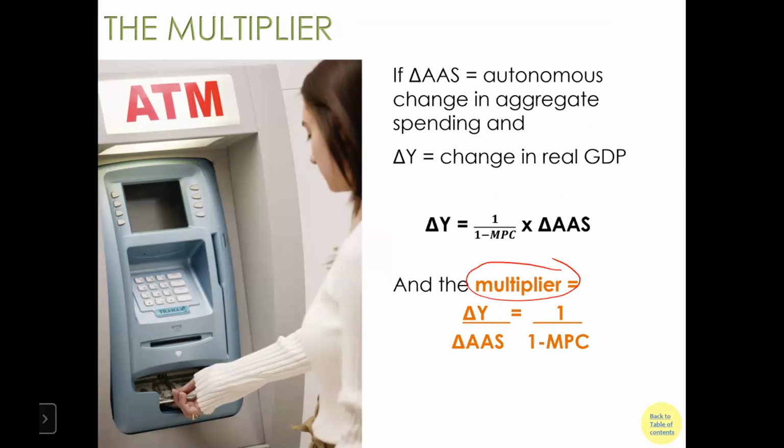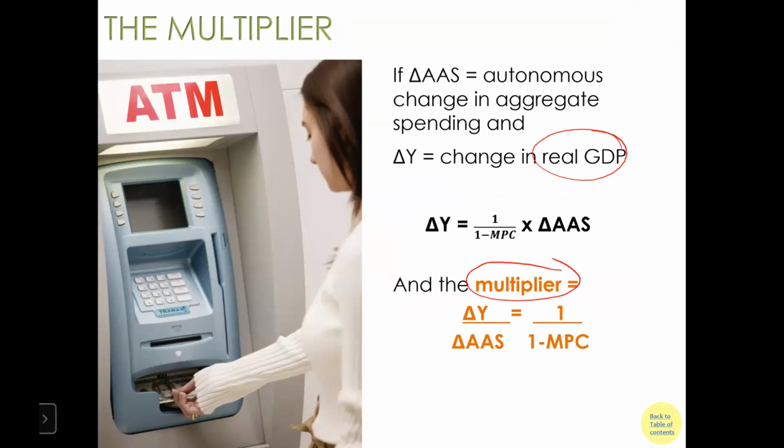Essentially it is the total change of our aggregate expenditure or real GDP, because you can look at GDP by looking at aggregate expenditure.